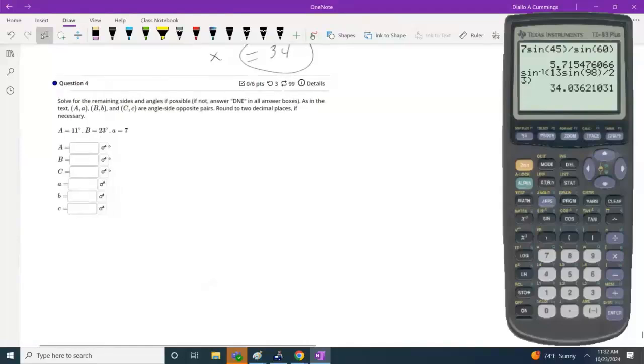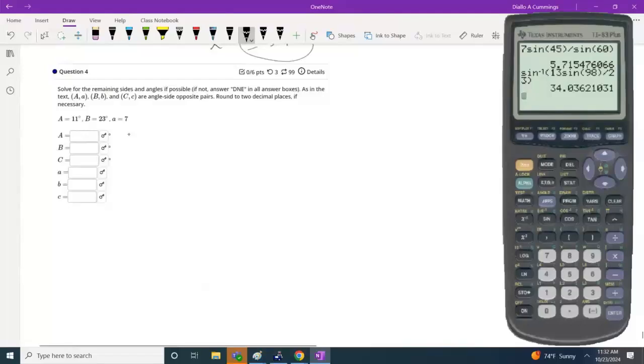Angle A is 11 degrees. So I'm going to just rough sketch out a triangle.